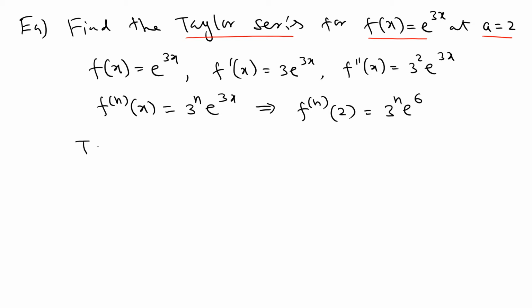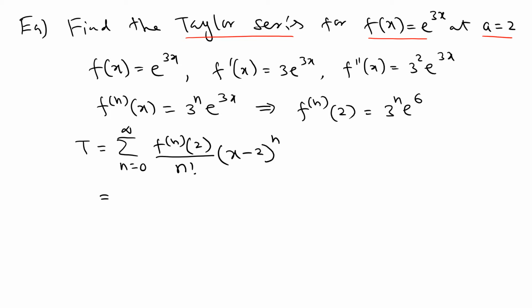So that's the Taylor series. We can write this as sigma n going from 0 to infinity, f^(n)(2) divided by factorial n, x minus 2 to the n.